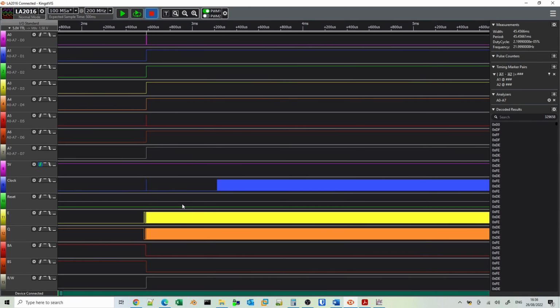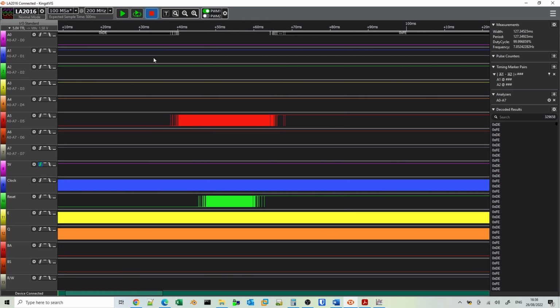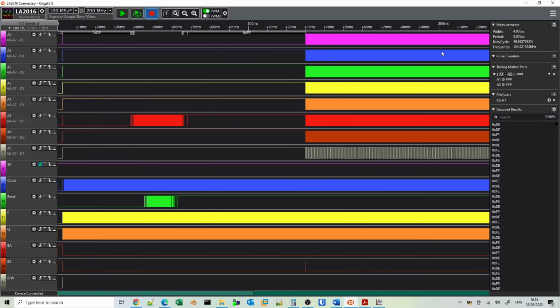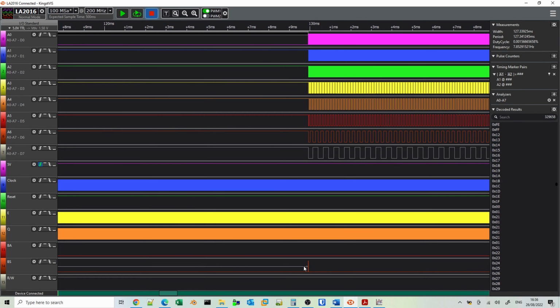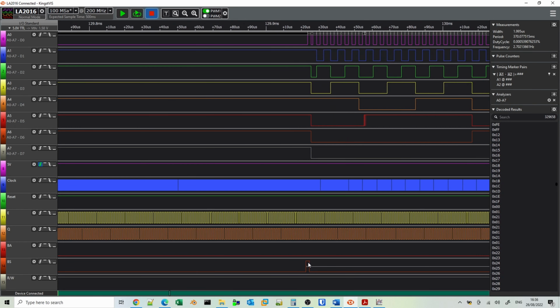So if we now zoom out, we can see that after a period of time, and if we measure here, it's approximately 120, 127 milliseconds that the address bus starts to cycle. So we zoom in to this level here. This is the point at which the processor is coming out of reset.